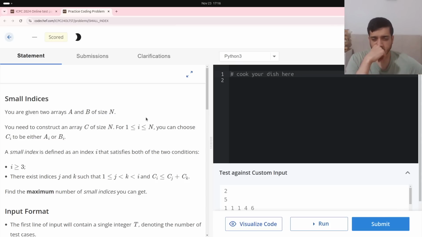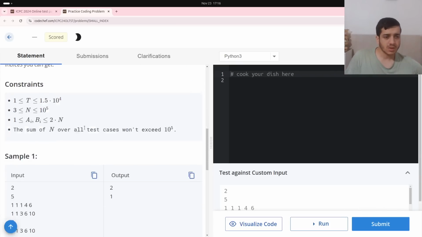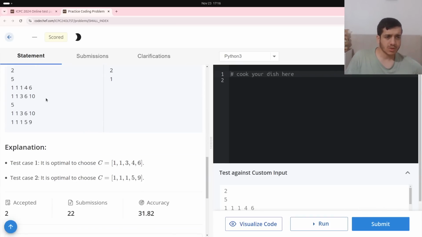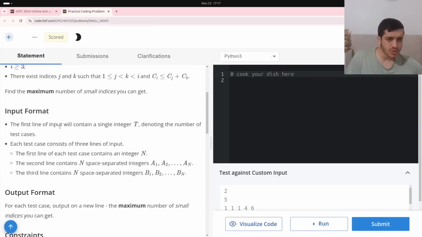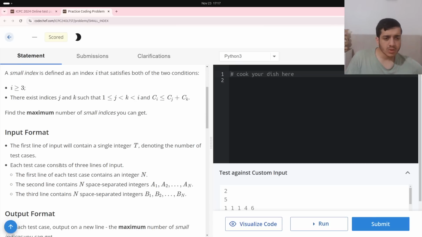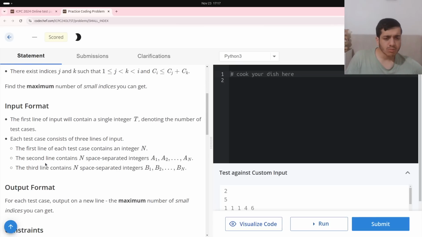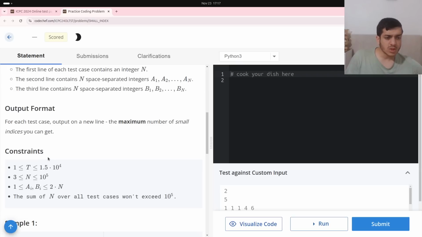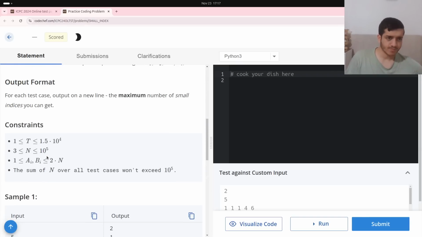So you want to find, so are these arrays sorted? Given two arrays, construct. It seems like they are sorted, but I don't know.